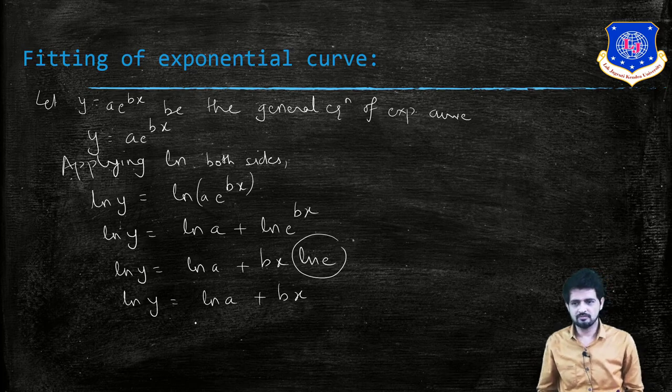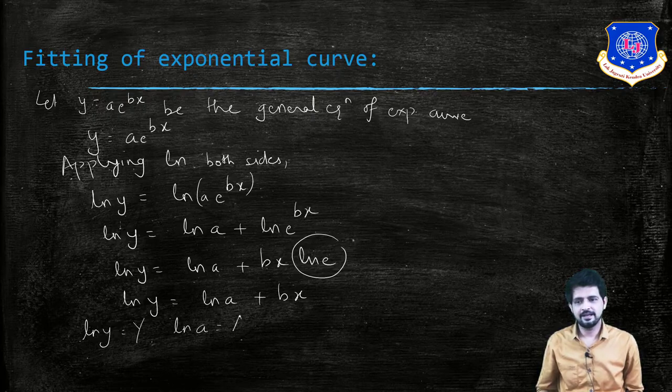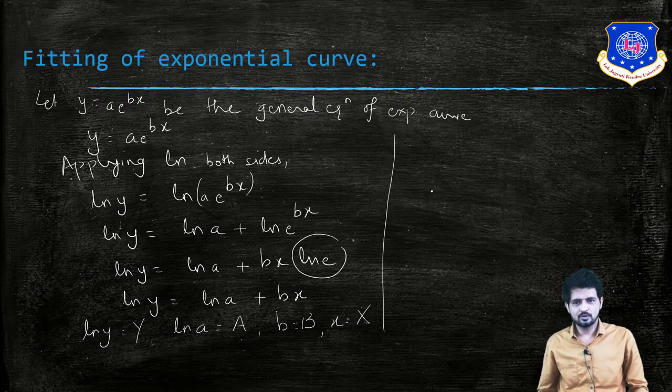We have to convert this given equation into that form. How can we convert? We have to assume some things. For example, considering ln y is equal to capital Y, ln a is equal to capital A, small b is equal to capital B and small x is equal to capital X, I can write this equation like this: Y is equal to A plus BX.